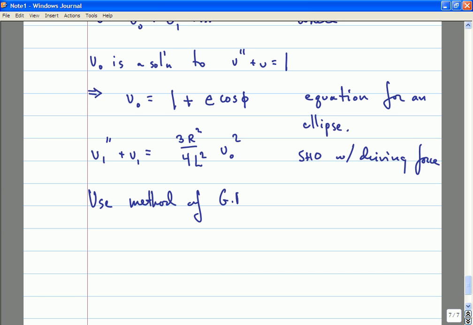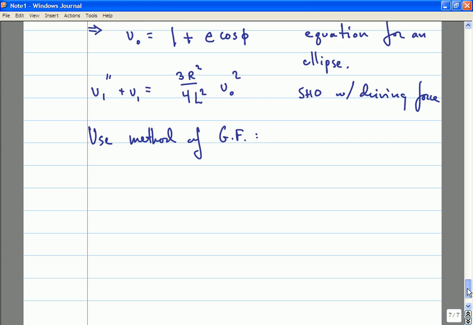In order to use the method of Green's functions, we just remember that the Green's function for the simple harmonic oscillator is a sine. That is the response of the harmonic oscillator to a delta function source.